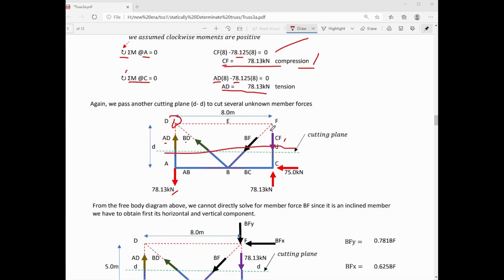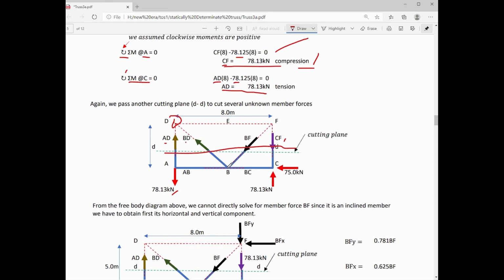The next thing that we're going to do here now is to resolve member force BF, because we know that that is an inclined member force. So we have to obtain its vertical and horizontal components anywhere along its line of action by applying the principle of transmissibility.